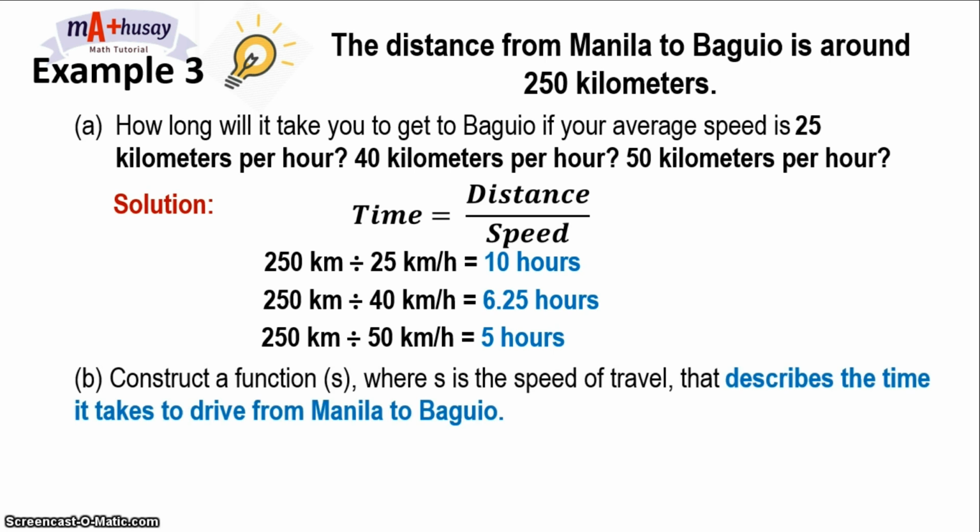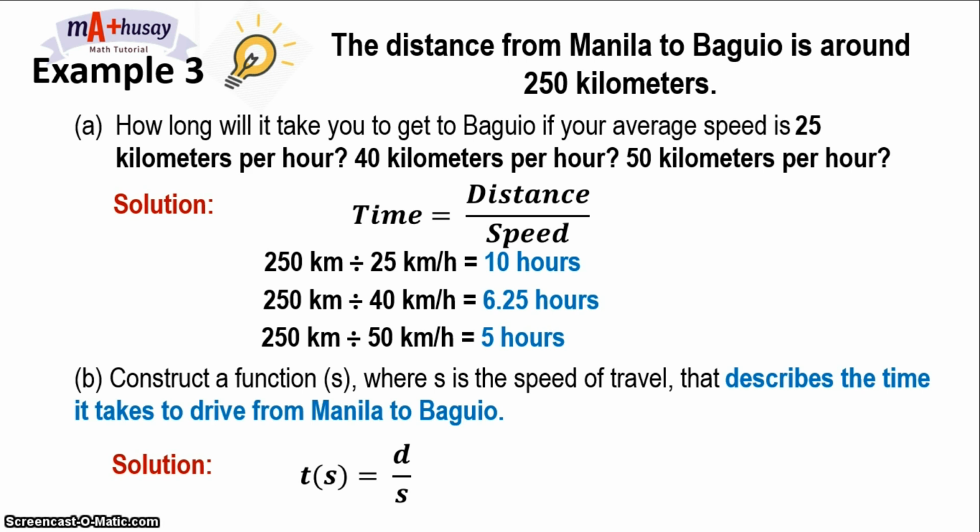Letter B. Construct a function of S, where S is the speed of travel, that describes the time it takes to drive from Manila to Baguio. So, dapat ang function natin ay T of S equals D over S dahil ang pinag-uusapan naman natin ay time, no? And time can be computed by dividing distance over the speed.